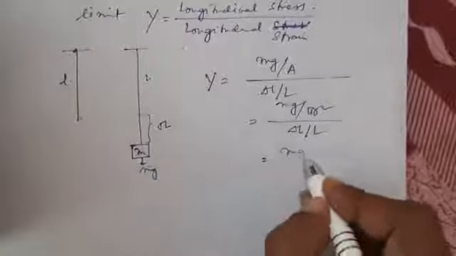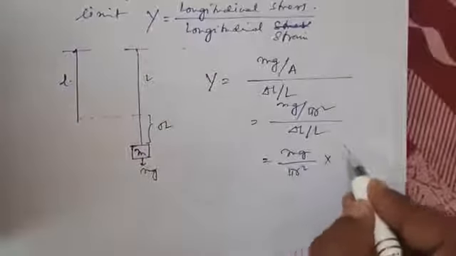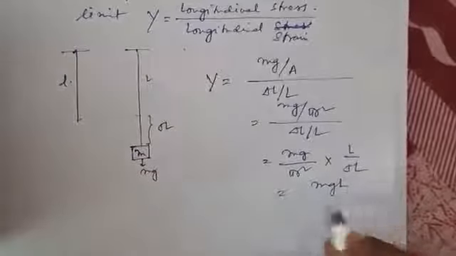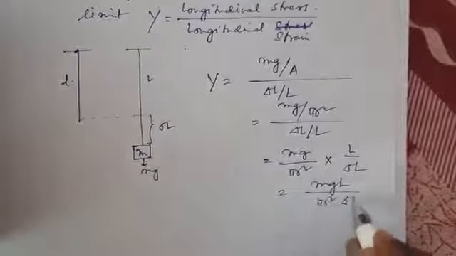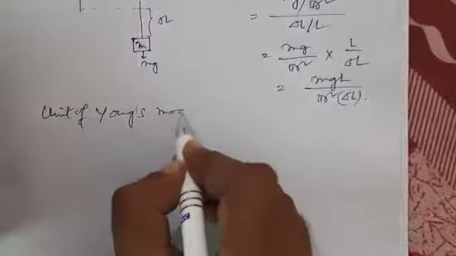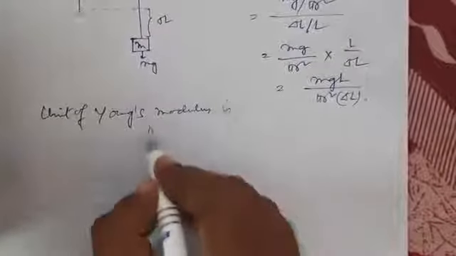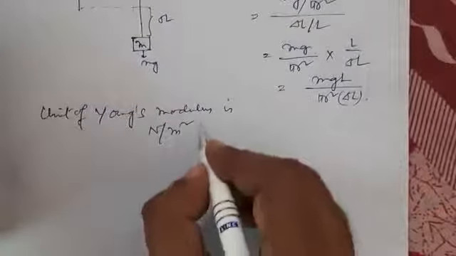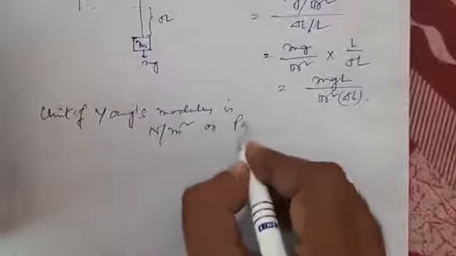Mathematically, Y equals mg by pi r square into L by delta L, that is, mgL by pi r square delta L. The unit of Young's modulus is newton per meter square, because strain has no unit, or we can write pascal.